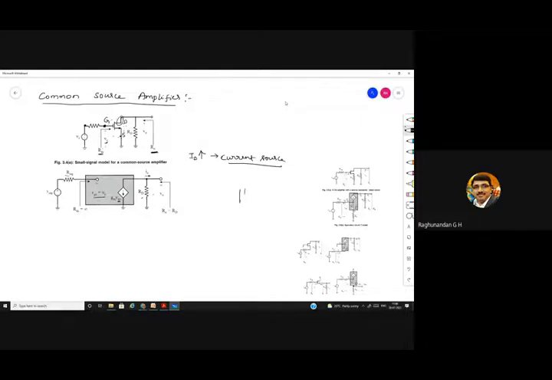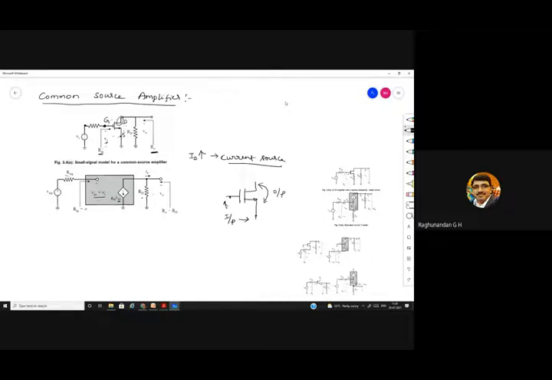Because if you consider the MOSFET connection, obviously you need to give the input here and you will be taking the output across these two terminals. Between these two, whatever you are giving is acting like the input voltage, which is obviously between the gate and the source also will have some voltage.